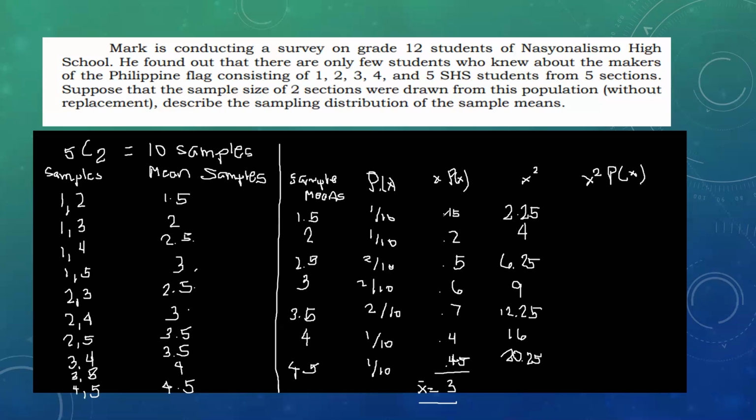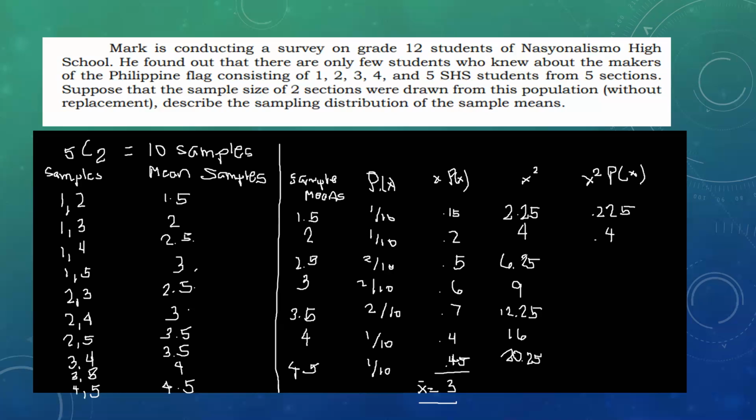So, multiply natin. So, that is 2.25 times 1 divided by 10. That's 0.225. Okay. Then when we have 4 times 1 over 10, that's 0.4.